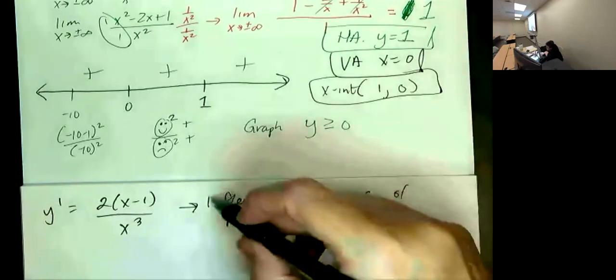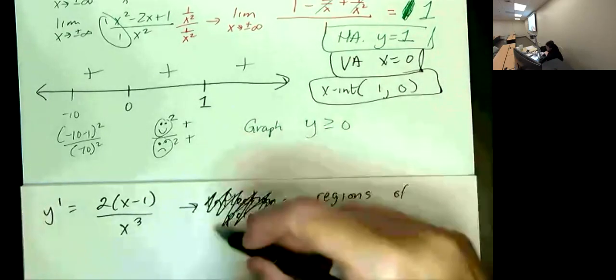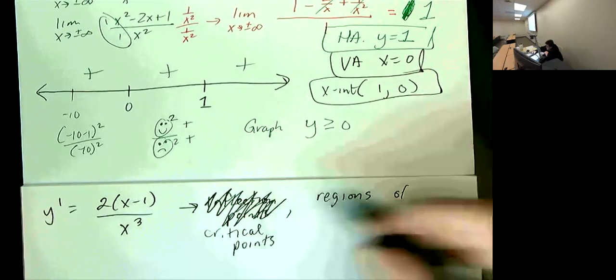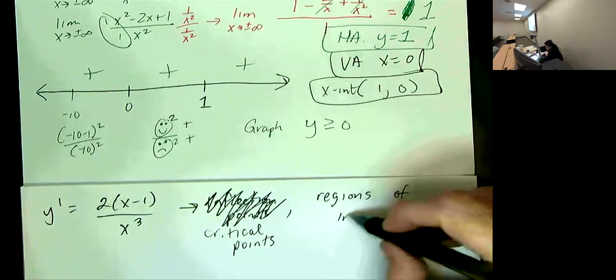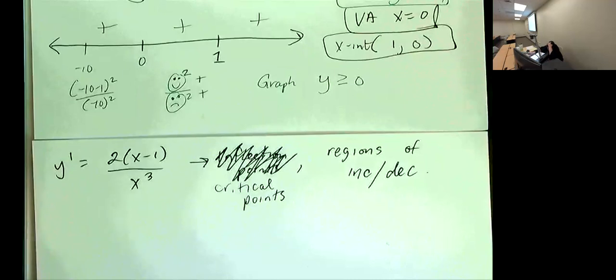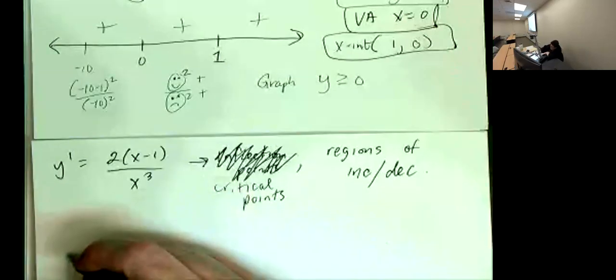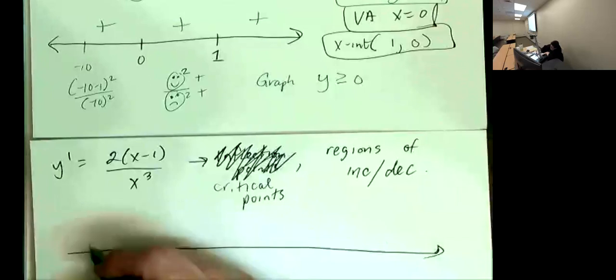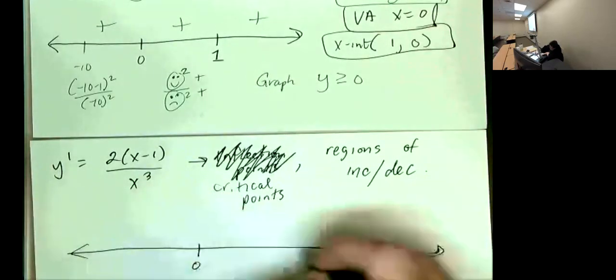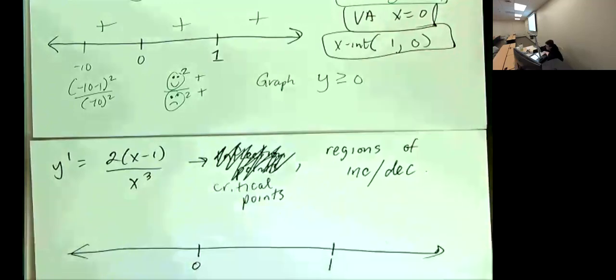That's not our inflection points. Those are our critical points. Regions of increase and decrease. So where is it increasing? Where is it decreasing? Again, the only spots we have are 0 from the bottom and 1 on top.